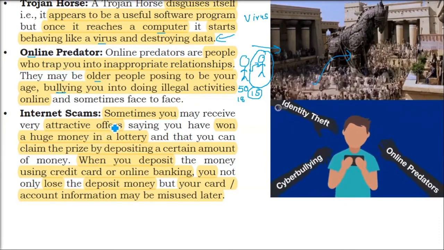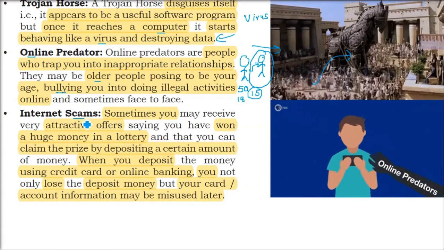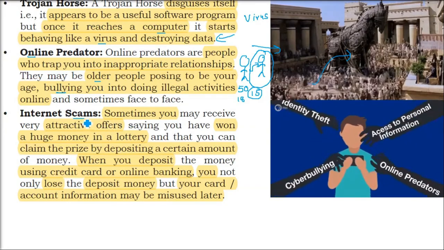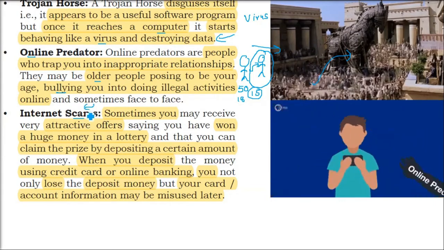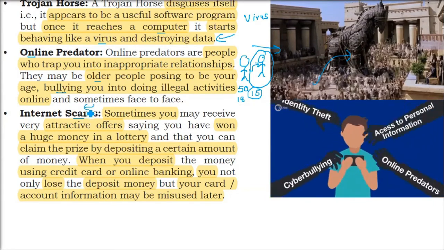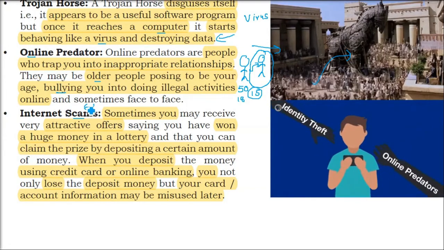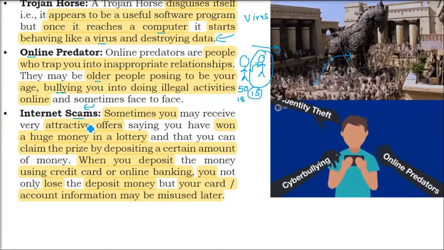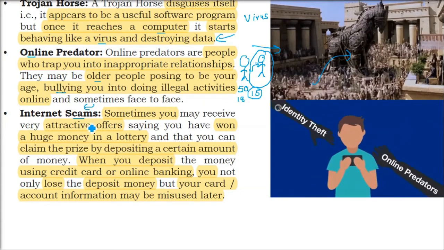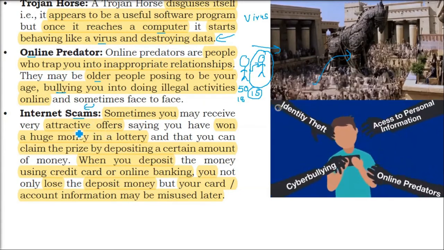Internet scams. Scams are to hurt you, to promise you something and give you something else. Sometimes, various times, on the internet, on email, on Gmail, on various platforms, you get various attractive offers.